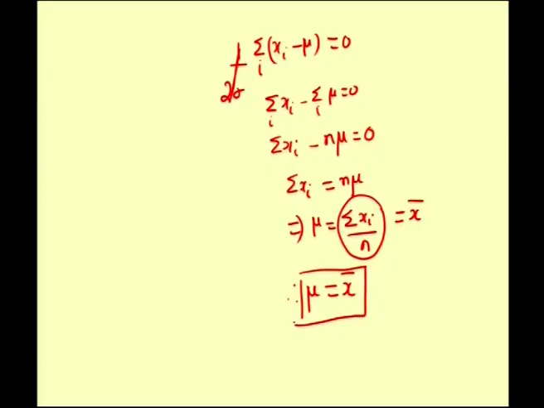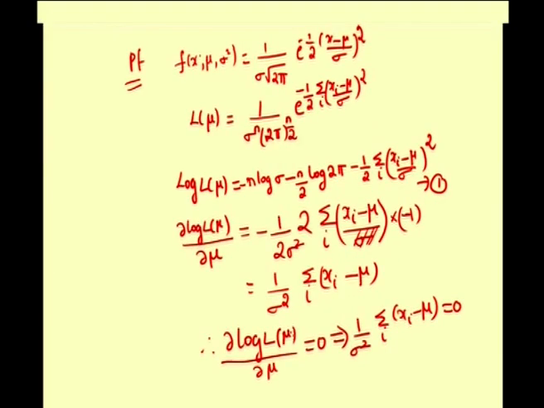To assure that the MLE of mu is equal to x bar, it is required to find out the second derivative. Again differentiating this term partially with respect to mu, let us see what term we are going to get.